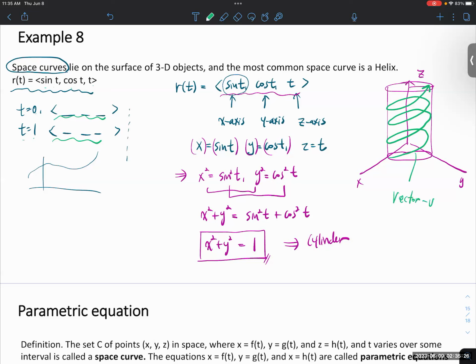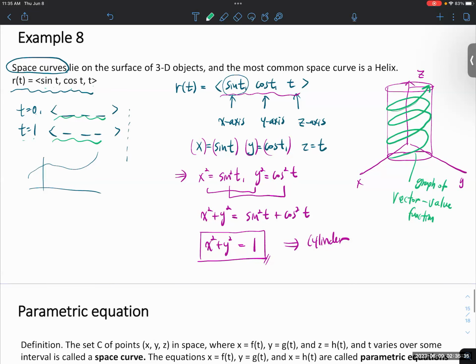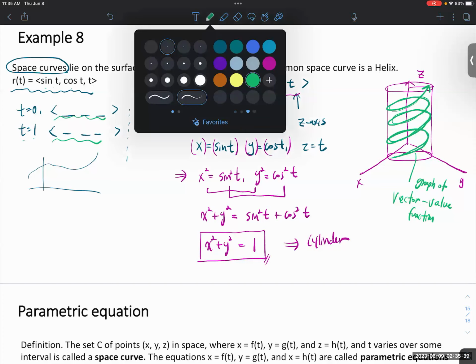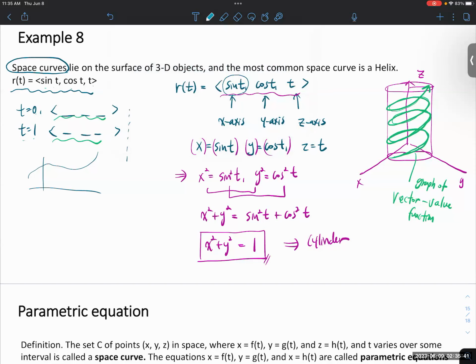So this is the graph of a vector value function. So this spring also creates a cylinder, and we checked by converting it to the Cartesian, we found out the cylinder shape. This is the parametric equation of this cylinder, and then we call this a helix. This is the helix, that's the name of this space curve.